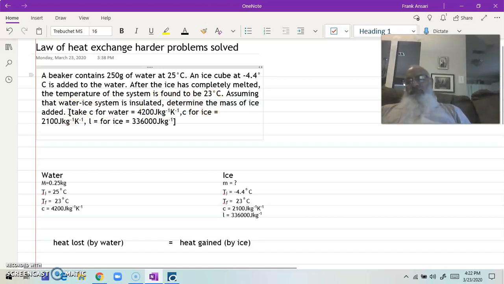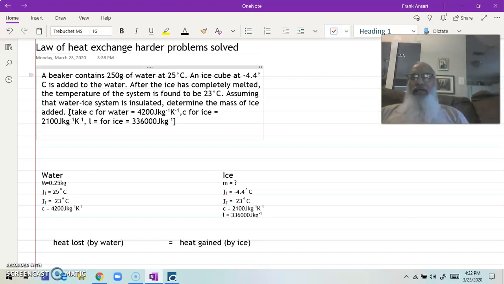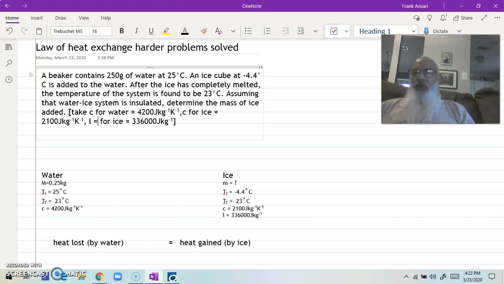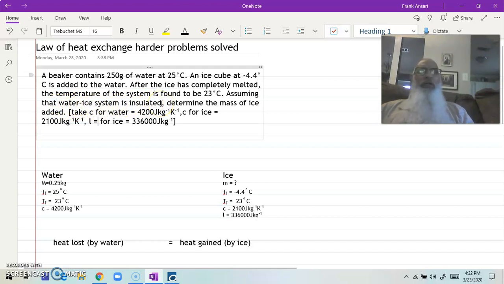Okay, so first of all, it's not asking you for the final temperature this time. It's already giving you that. It wants to know how much ice will be added. So important things to note, first of all, like I said, it talks about ice being completely melted. And the second thing is that we're talking about the water-ice system is insulated, which means that we're assuming that no energy is lost to the beaker, to the air above it, or anywhere else.